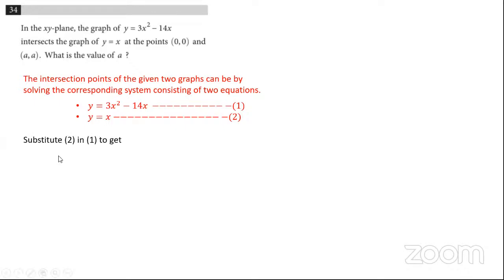We'll get x equal to 3x square minus 14x. We need to solve this equation. So guys, solve that equation and let me know the possible values of A. What is the value of A?